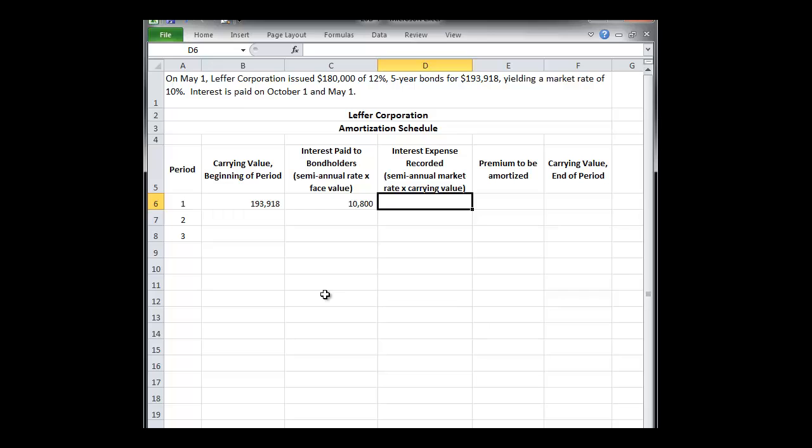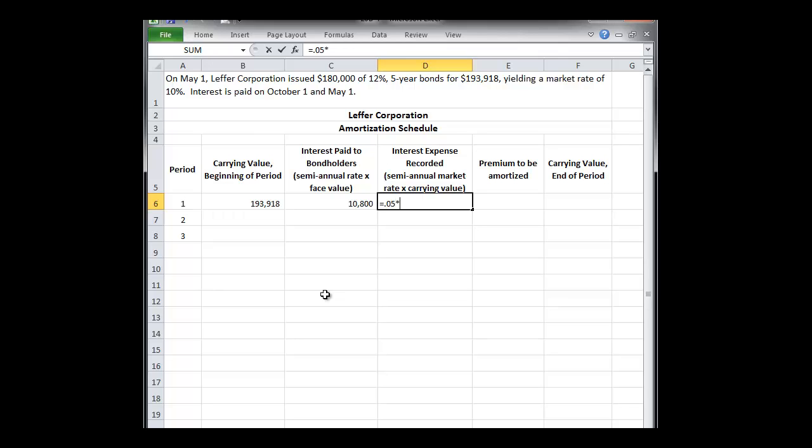Now, the interest expense that's recorded is the semi-annual market rate times the beginning carrying value. So in this case, we use the market rate of 10% and divide it by 2 because we're working with half a year. So that's 5%.